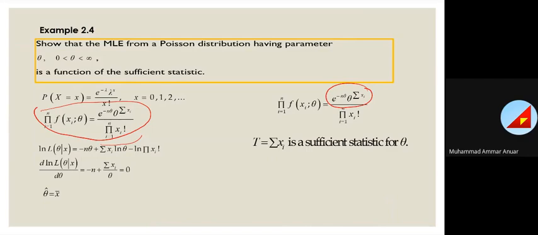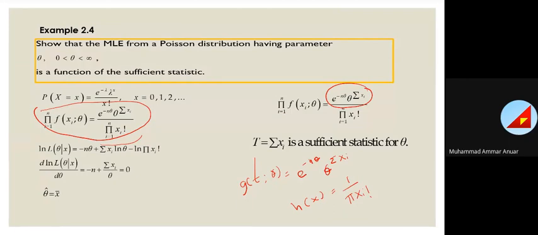So your function g(t; theta) is just e to the negative n theta, theta to the summation xi, and then your h(x) is 1 over product xi factorial, which does not depend upon theta.